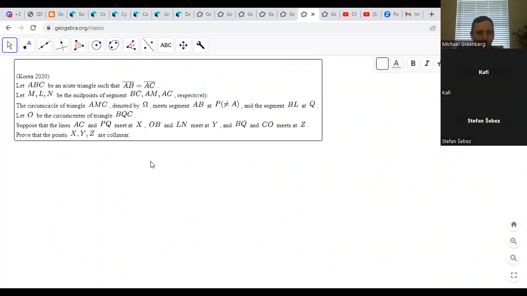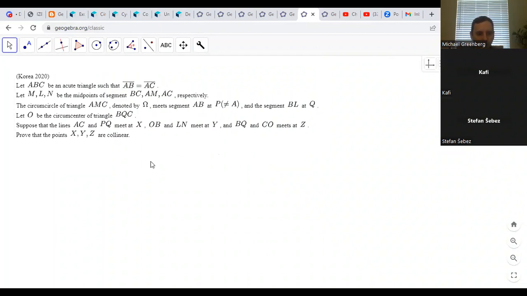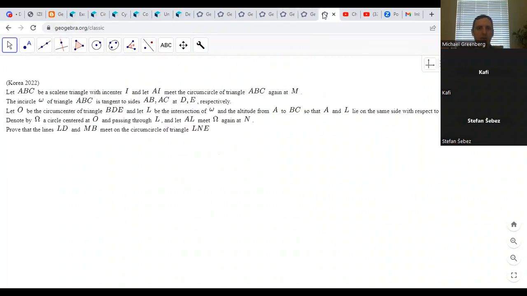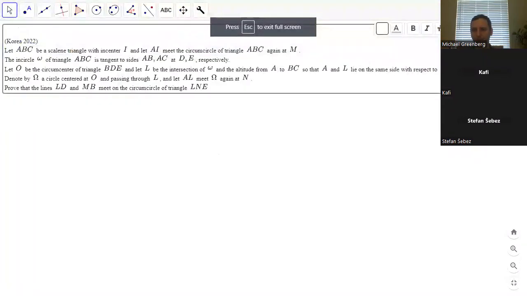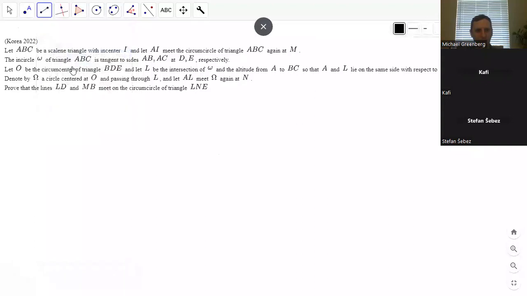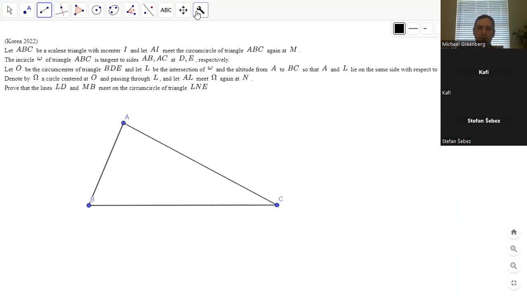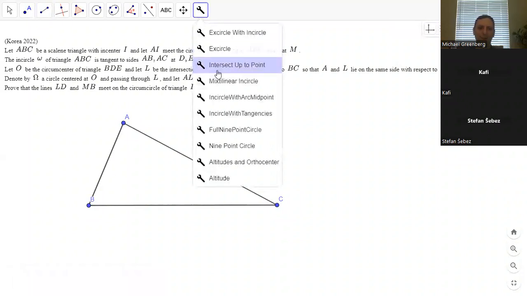This one might be interesting. Let's see. It's an isosceles triangle, doesn't look very appealing. Maybe this one will be better. This has an in-center and a circumcenter. So we have a triangle with in-center I. I guess the best problems involve an in-center and something else, or an x-center.